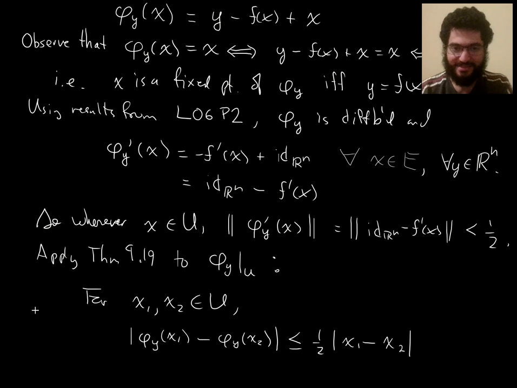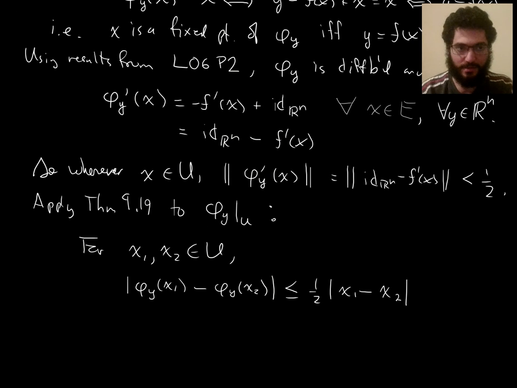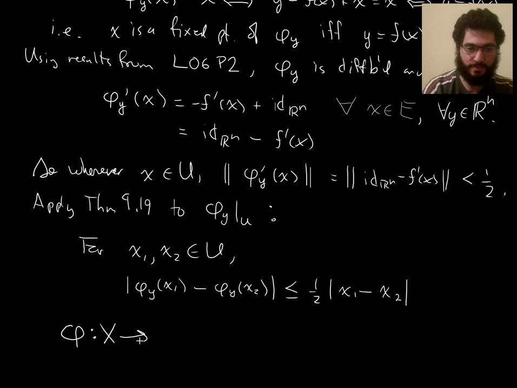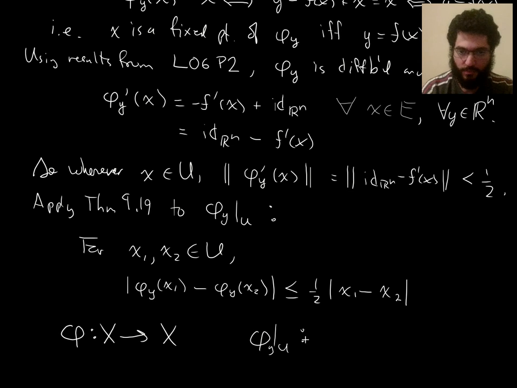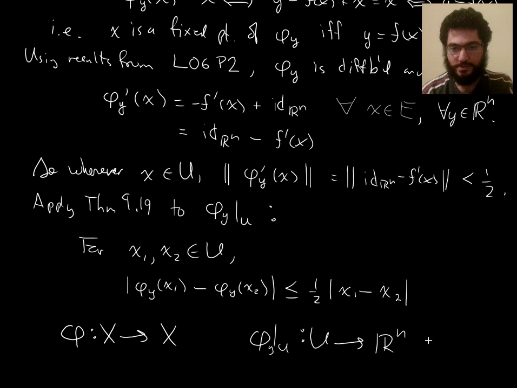Except not yet. We cannot say phi is a contraction mapping because it does not necessarily map U into itself, right? In the setup for a contraction mapping, we were talking about a function that maps a metric space X to the same metric space. But all we know is when you focus on phi sub y restricted to U, it maps U somehow into Rn, but we don't know that it maps U into U. Also, the space X needs to be complete in the contraction mapping theorem.